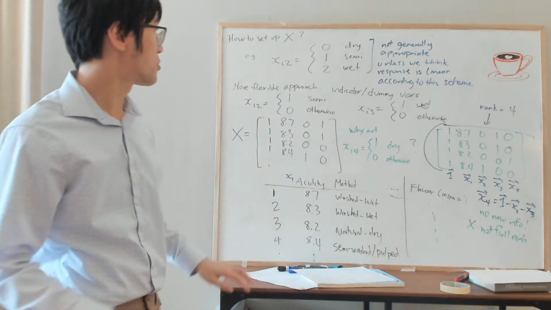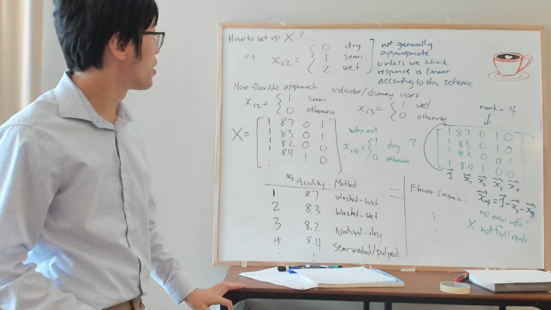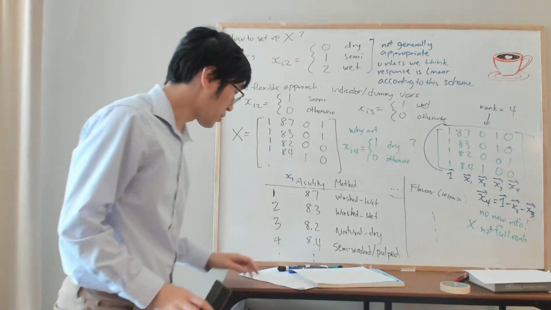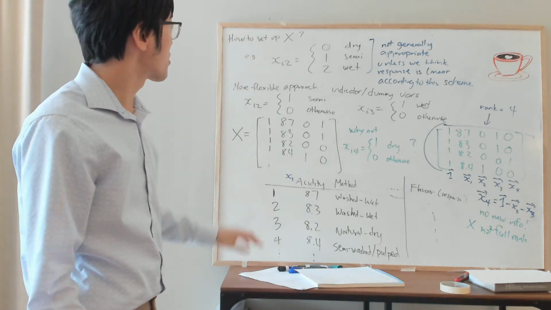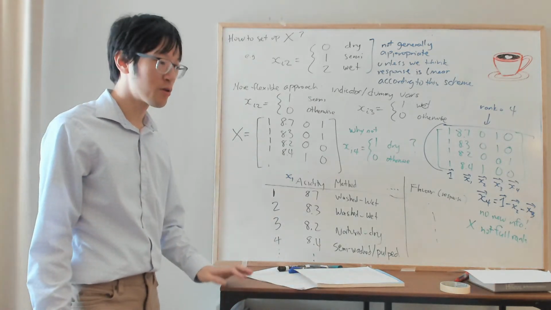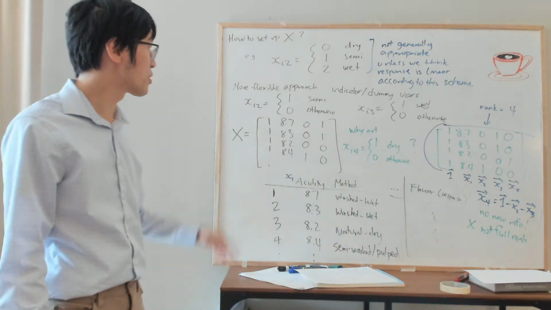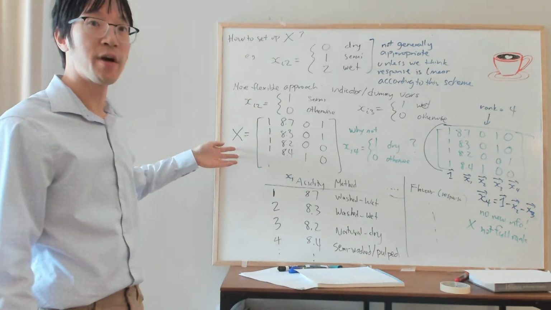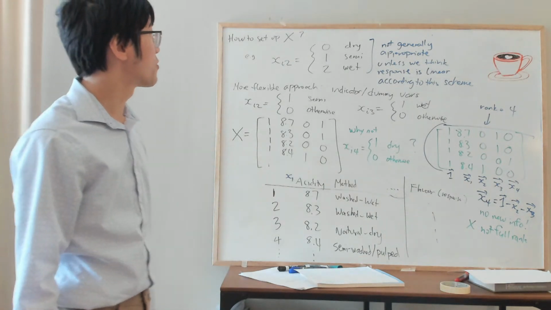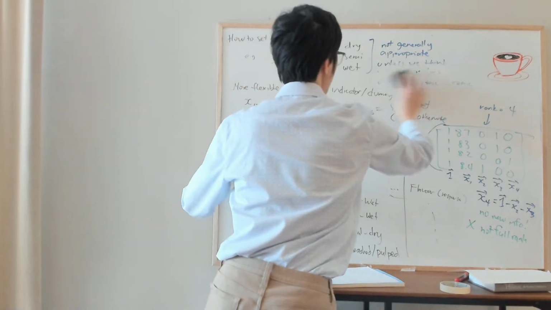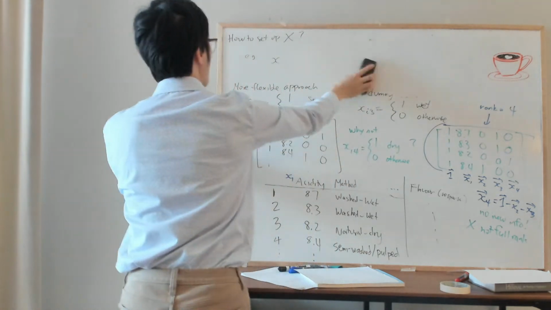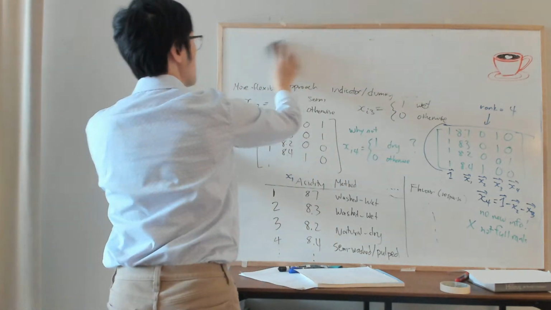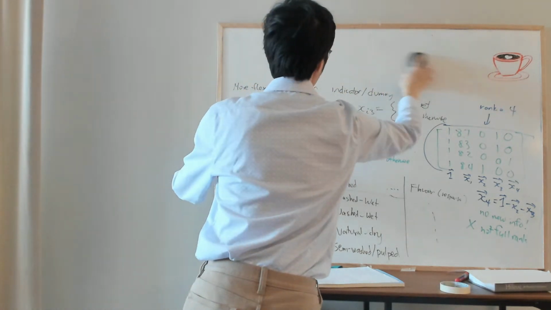All right, so that explains how we set up categorical variables. Now let's look at how we would interpret the corresponding estimates. Once we have this matrix for X, we can fit our model as usual. So let's write it down and talk about how we interpret all the parameters in this situation.